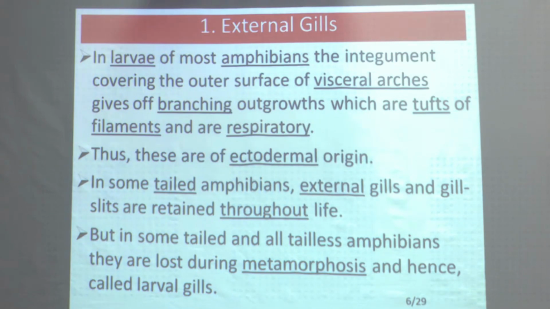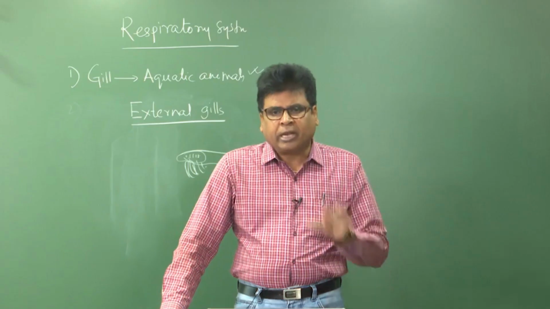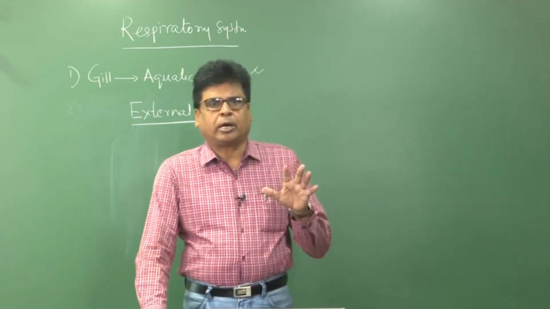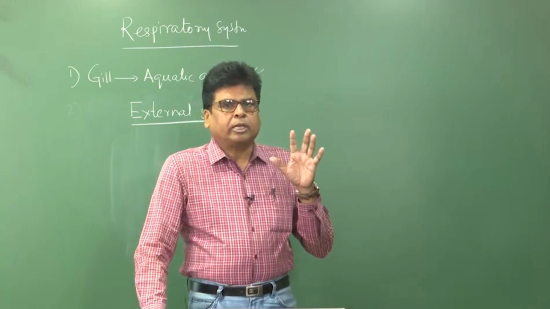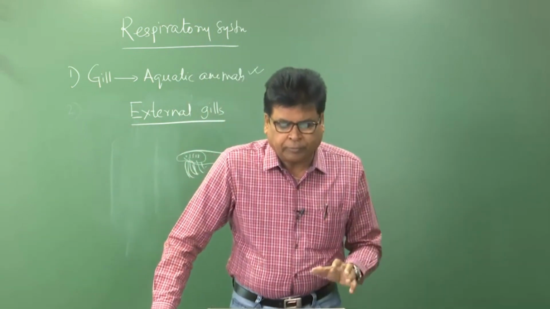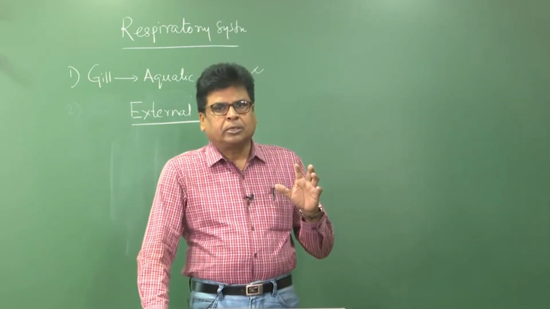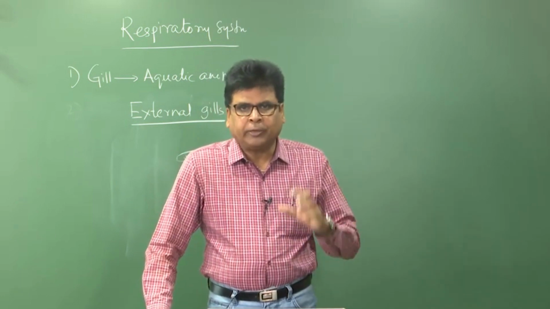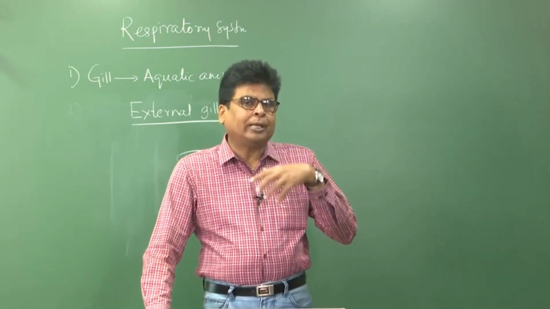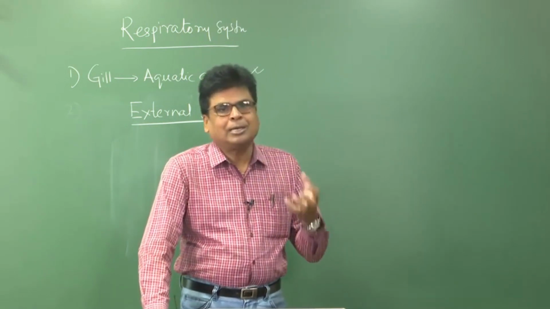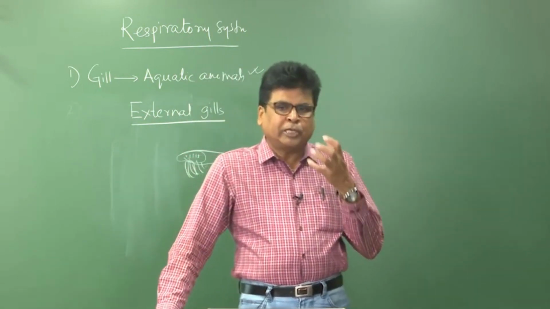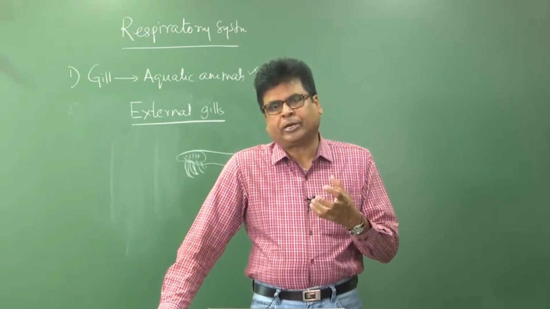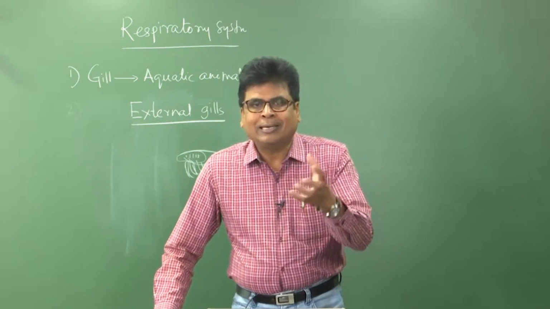So, from this discussion, it is revealed that the gills are the primary respiratory organ in case of what? The amphibians which are external in nature. The external gills are the most important respiratory organ in case of what?